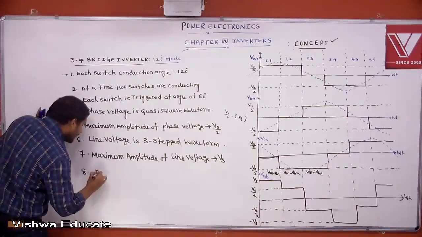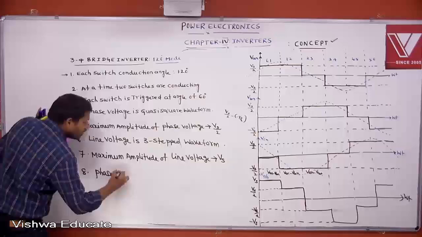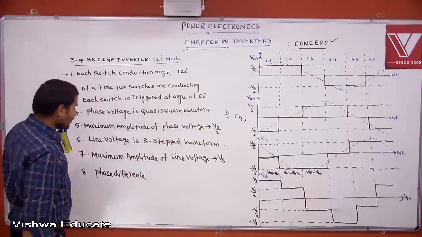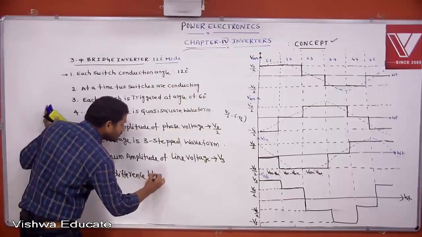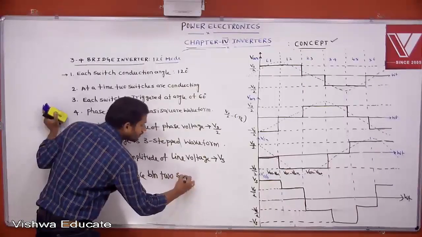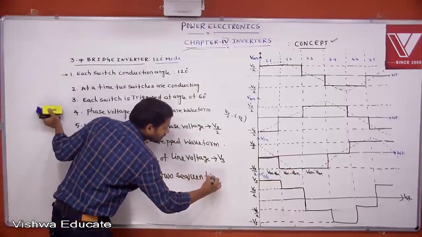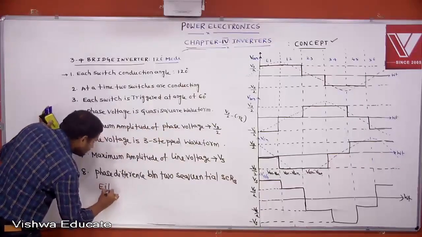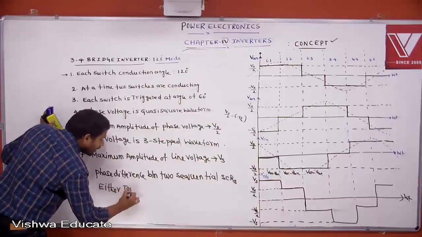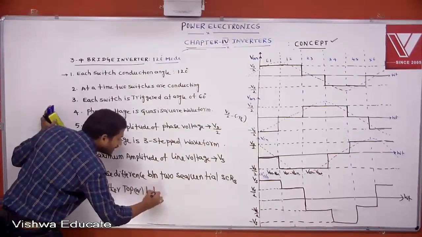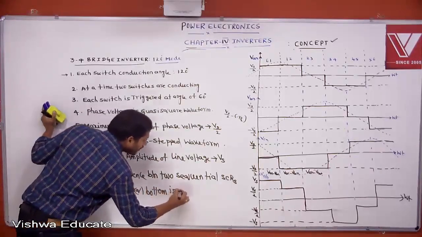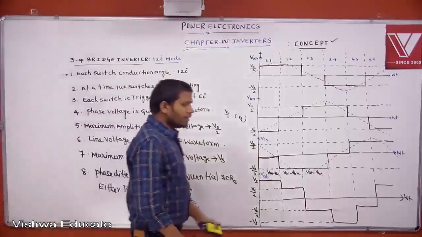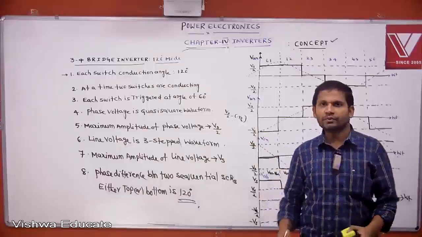The phase difference between two sequential SCRs, either top or bottom, is 120 degrees. These are the points you remember with respect to the 120 degree mode.